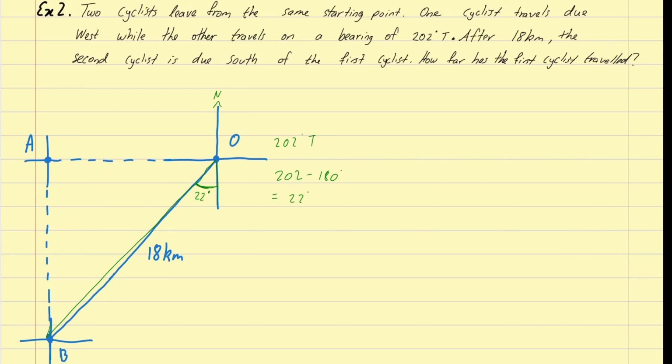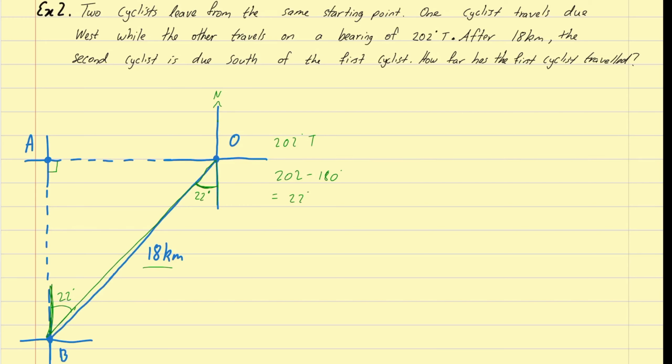This angle right there would also be 22 degrees. Now look at this. We've created the triangle, or that's what we have ended up with. We know that that's 90 degrees. So now we're dealing with a right angle triangle. We have a side, which is 18 kilometers, and we also have the angle inside, which is 22. Now let's see what the question wants.